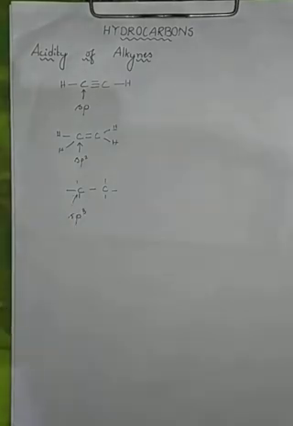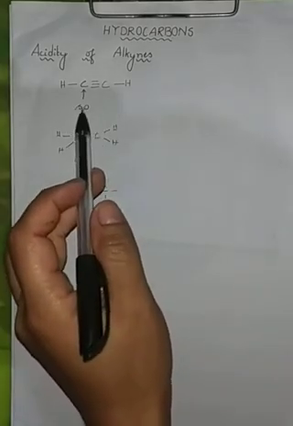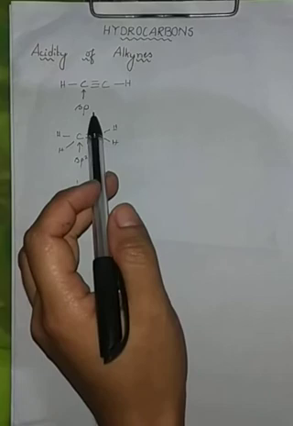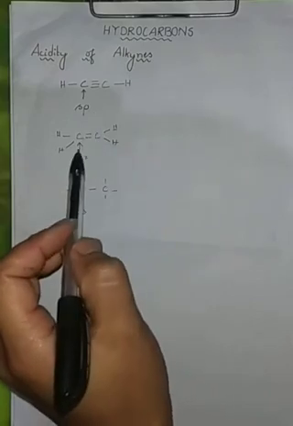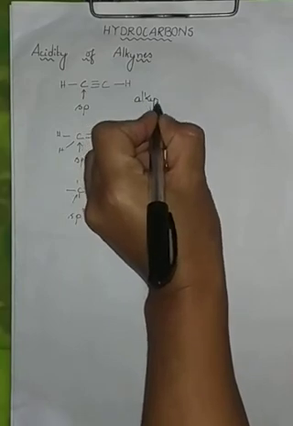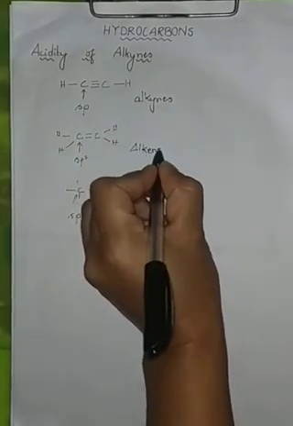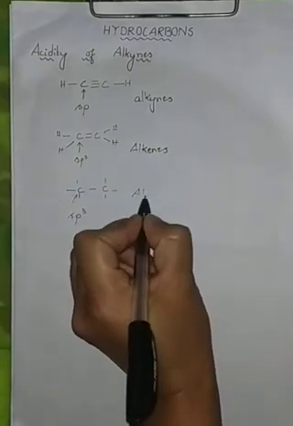Now if we see the hybridization in all three hydrocarbons, the carbon atom in alkynes is sp hybridized. This is for alkynes, this is alkenes, and then this is alkanes.